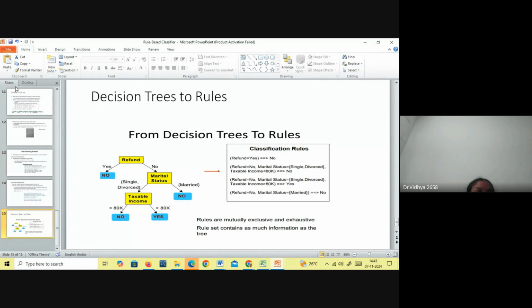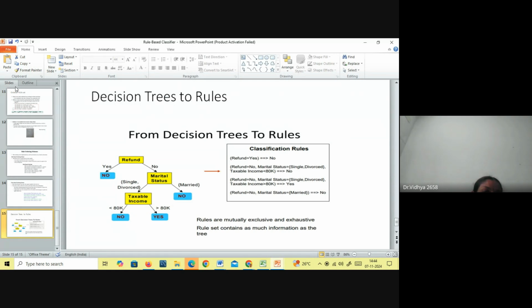For this particular decision tree and rules, we are supposed to provide the correct syntax of the decision tree along with the rules.